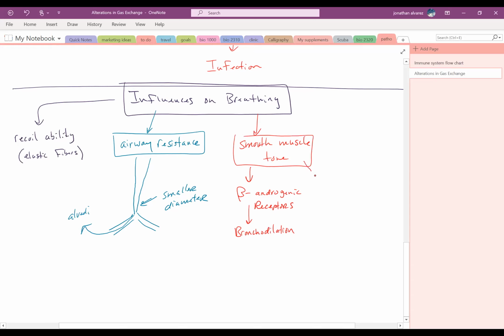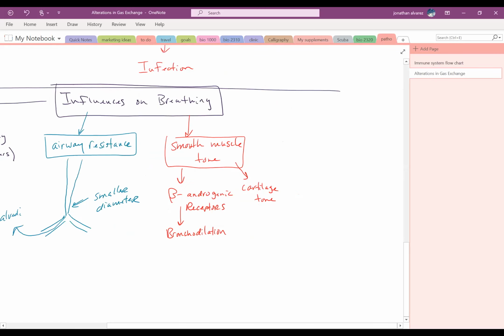And let's see, also cartilage tone. Okay, so just how well the hyaline cartilage that's found within the trachea, what's the integrity of that, right? So smooth muscle tone and cartilage tone.